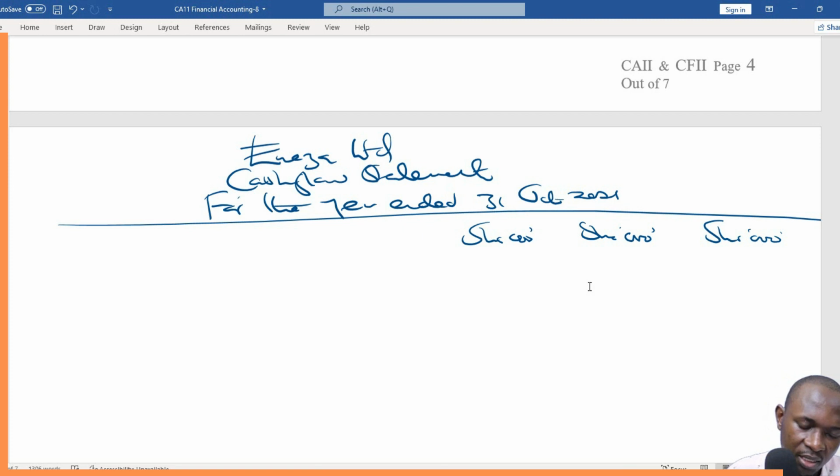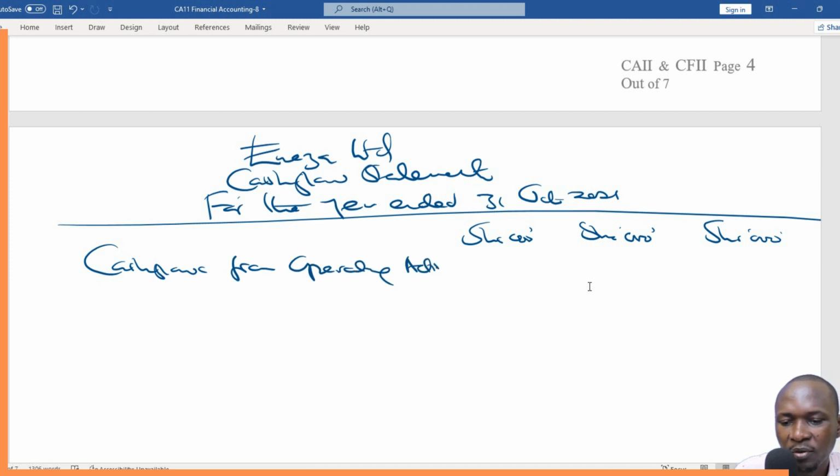So then we start, and we always start with the cash flows from operating activities. The cash flow statement will always have 3 sections: operating activities, investment activities, and financing activities. Just that.